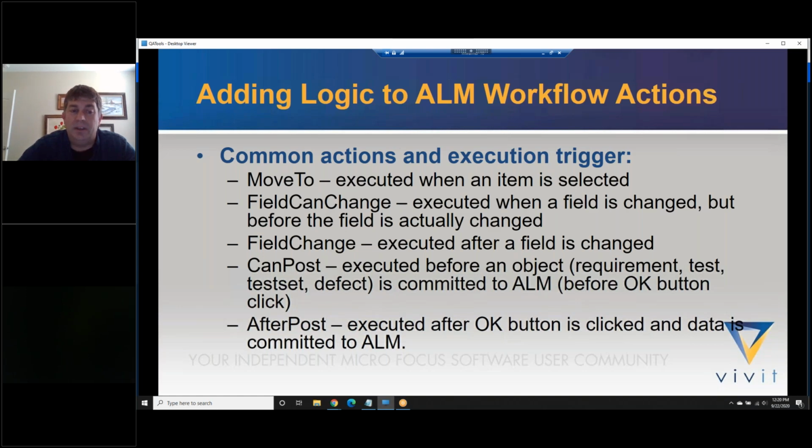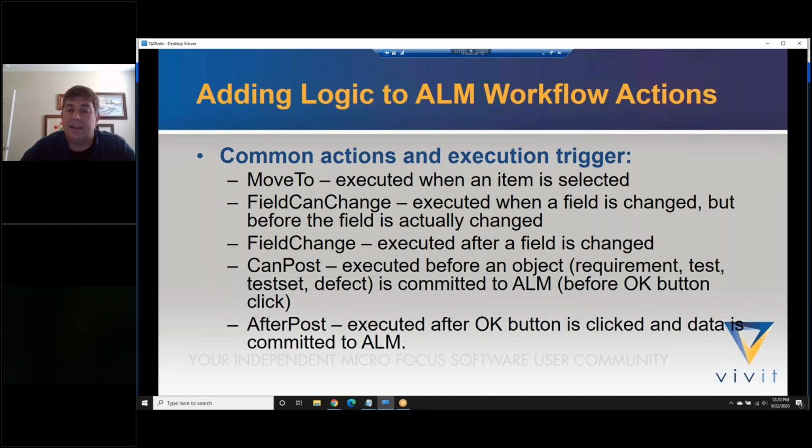Now, just like on the fields, there are posts. There is a can post. So this is executed when you've done all your changes and you're clicking the OK button, as your OK button is going down. It says, okay, well, does the active user have the ability to post all of this information and commit it to ALM?